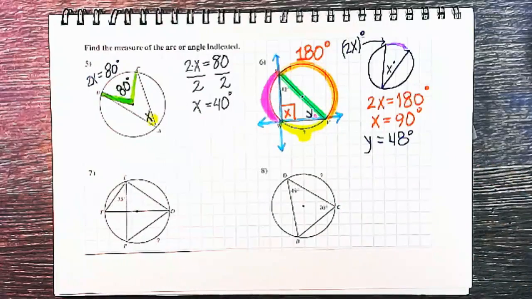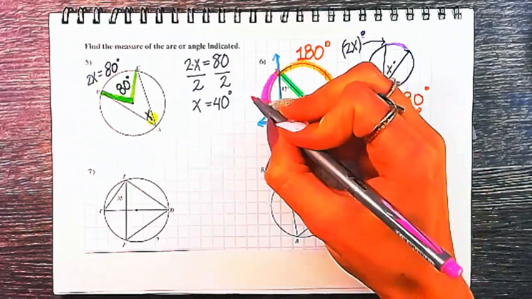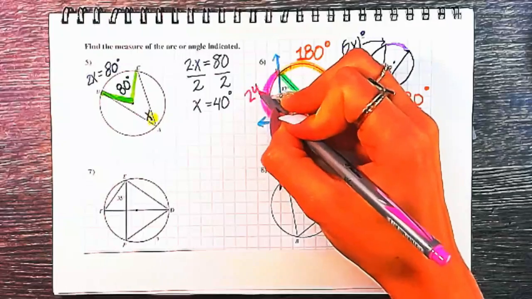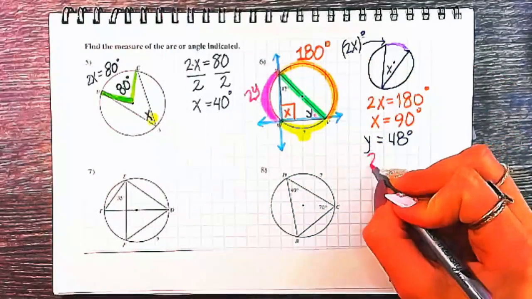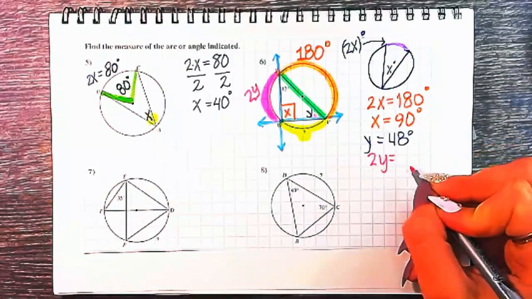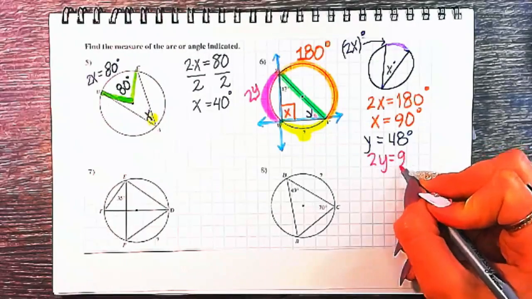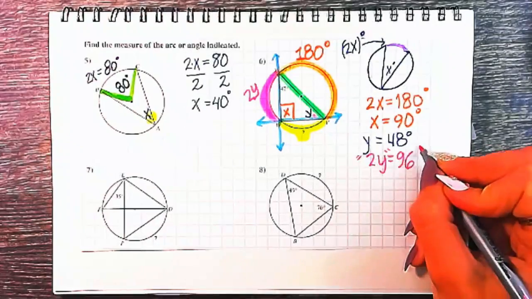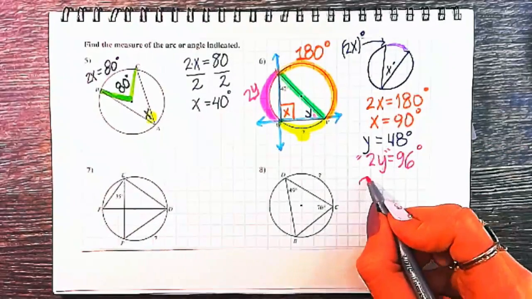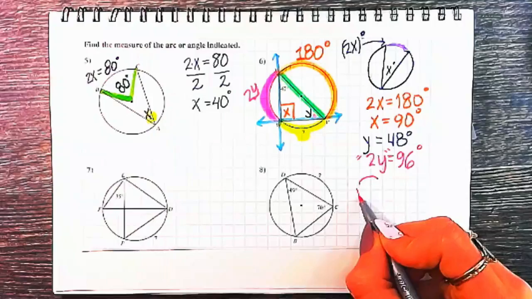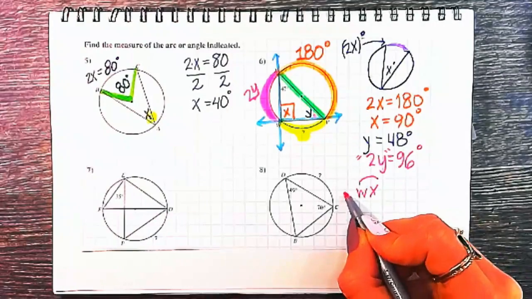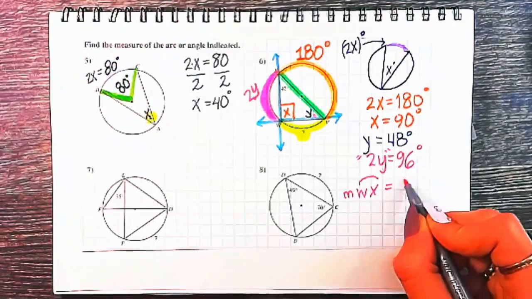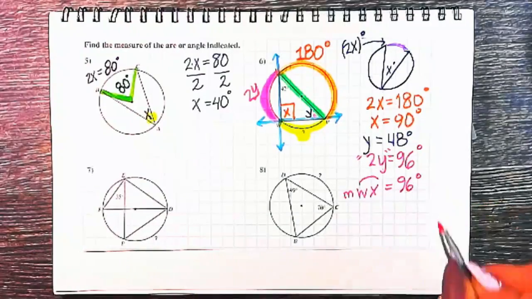Y is 48 degrees, so this arc measure is technically 2y. And 2y will equal how many degrees? 2y is 96 degrees, or we can call it arc WX. Measure of arc WX is 96 degrees.